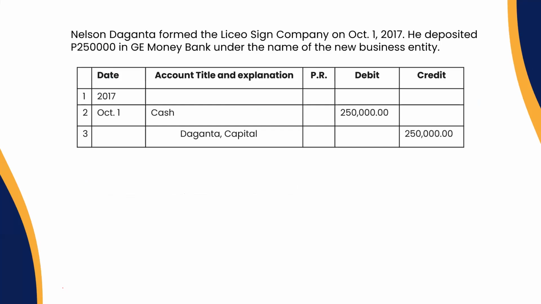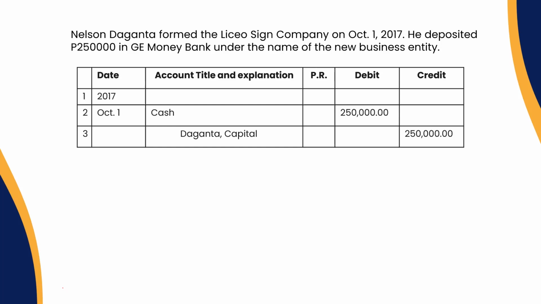Sorry. Now, we have here, di ba, the first transaction kanina natin is that si Nelson Daganta gumawa ng business. Gumawa na Liceo Sign Company. So, he deposited 250,000 in the bank under the name of the new business. Now, how do we summarize it or how do we post it?